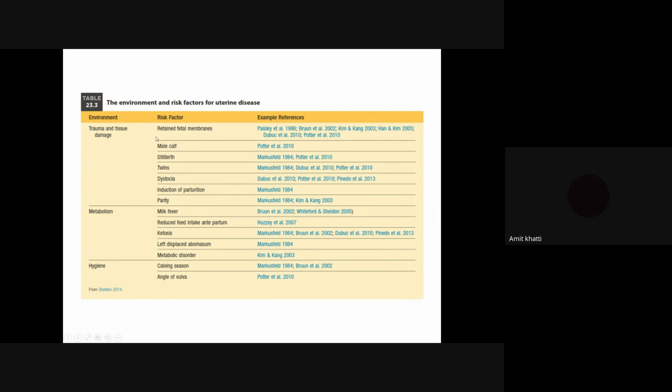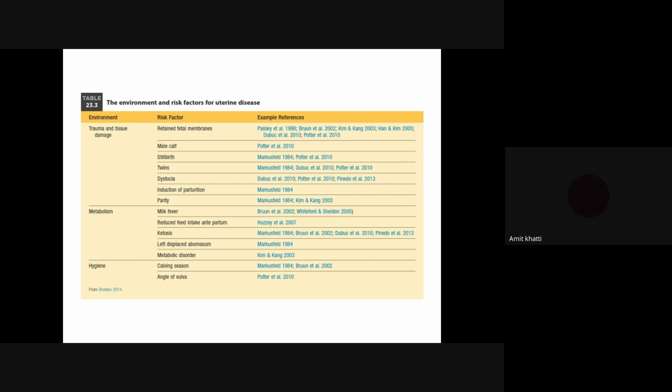These are the various risk factors, as we have discussed, related to obstetrical disorder, nature of the calf, dystocia, and parity, as old age is known for a lower level of immunity. Metabolic disorder and calving season are also factors, based on nutrient availability and the care taken during parturition, and the angle of the vulva also.